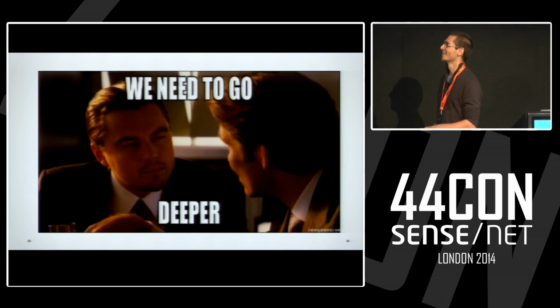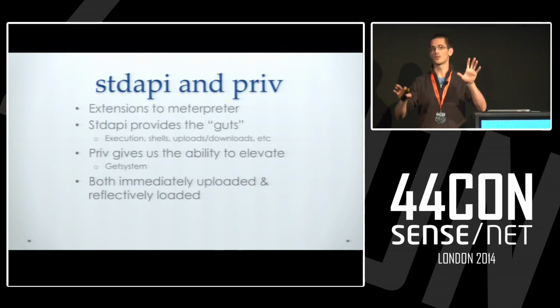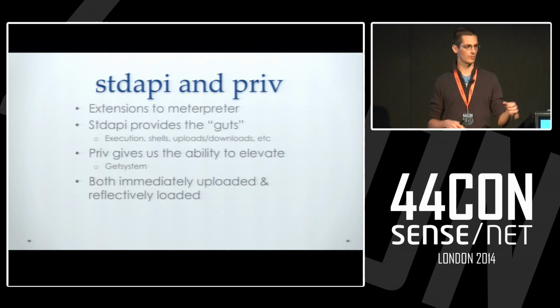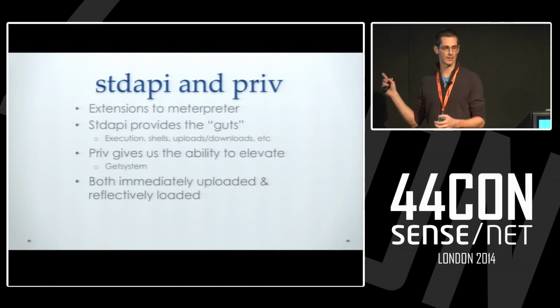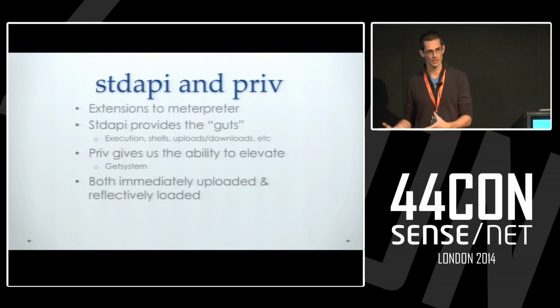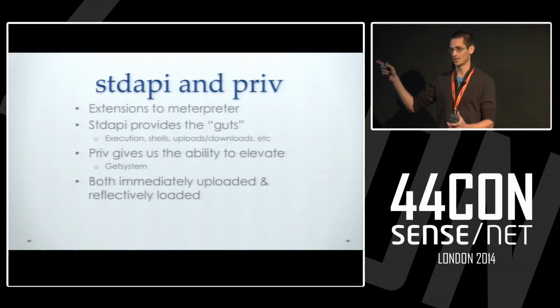All right, so we'll go deeper into this again, I think. There are two components in the Windows world, Standard API and Priv. Now, Standard API also lives in all of the other Meterpreter implementations, but Priv is specific to Windows because there's Windows-specific privilege escalation style stuff. So the guts of the get system command, which I'm hoping everyone loves, lives inside Priv.